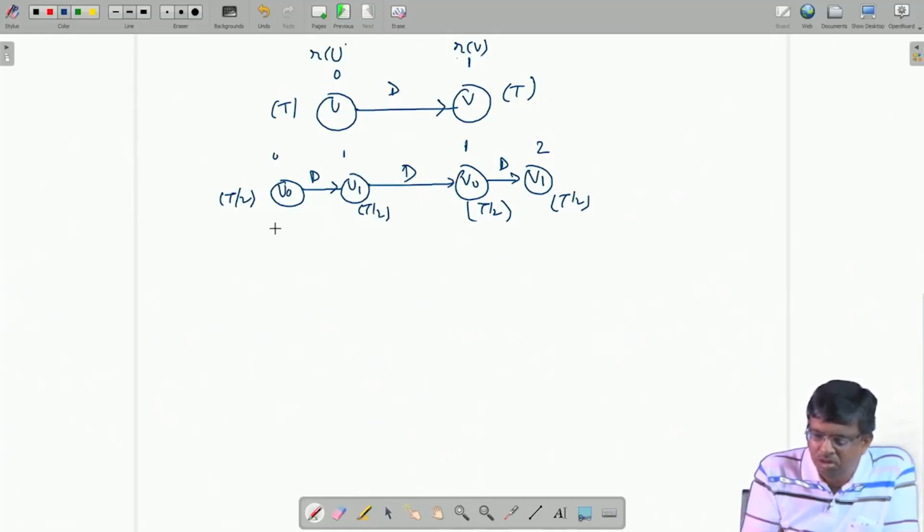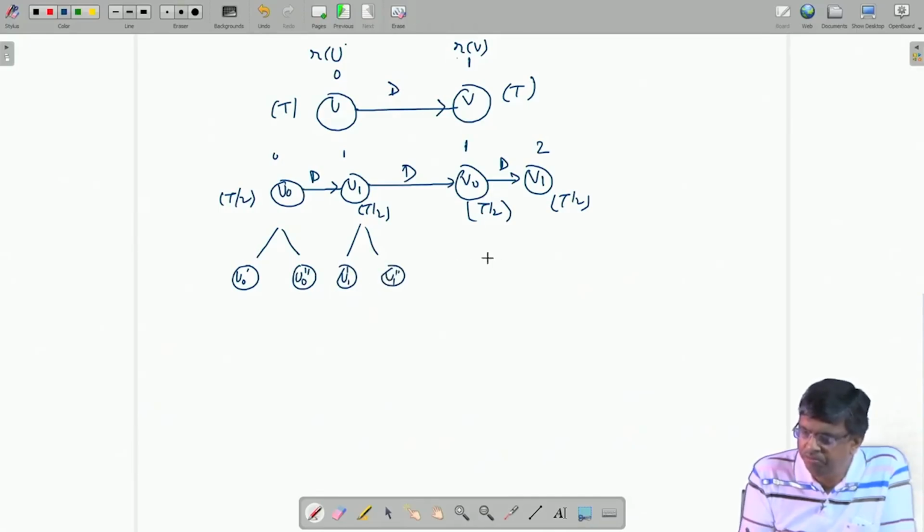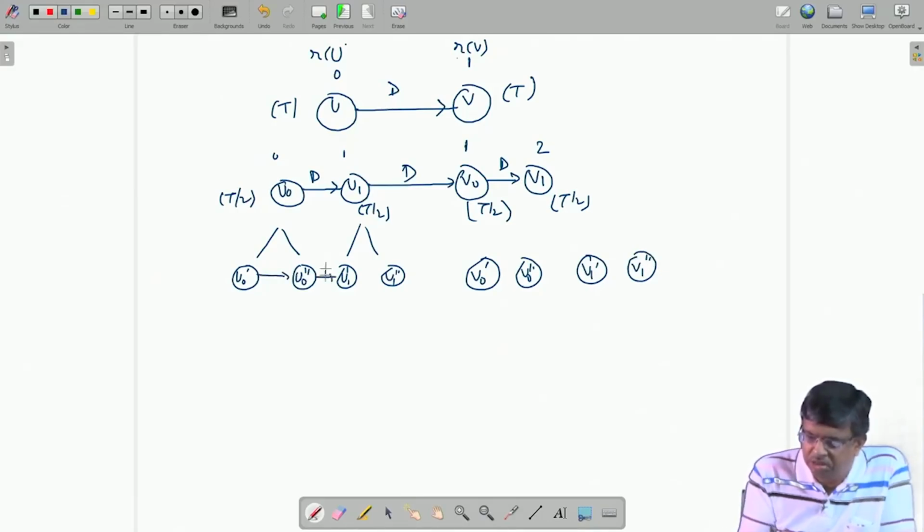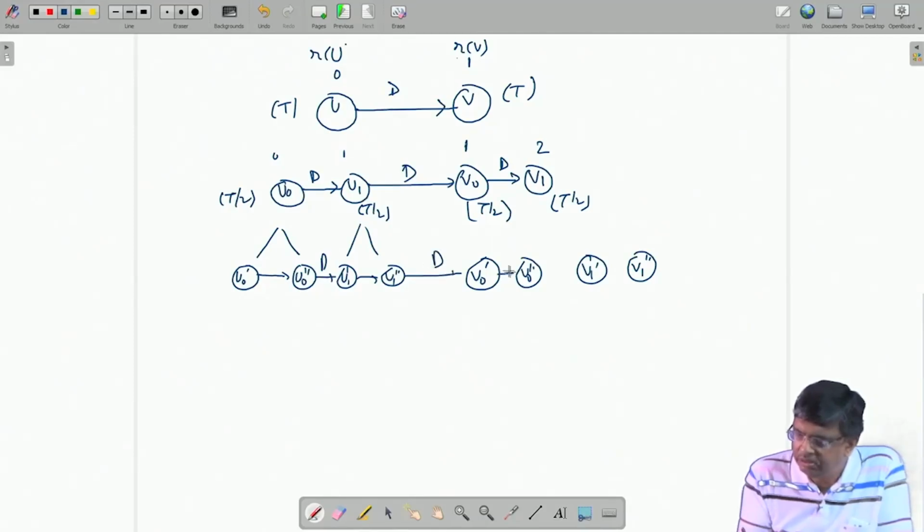Then you can break it further, if hardware permits: U0 prime, U0 double prime, U1 prime, U1 double prime, V0 prime, V0 double prime, V1 prime, V1 double prime, with the delays on the paths like this.